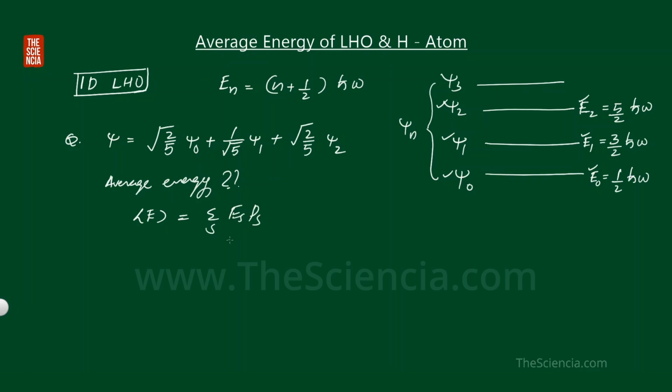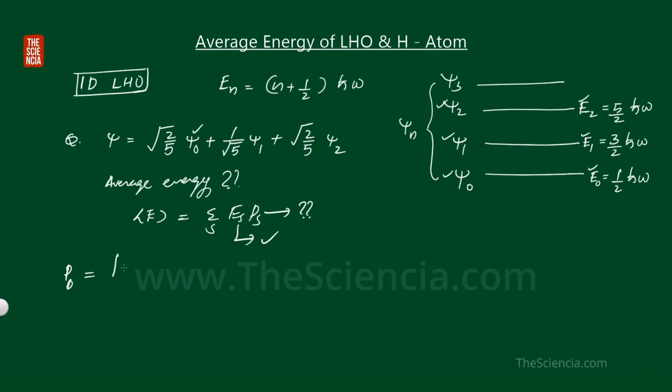Here we already obtained ES: E0 is half h cross omega, E1 is 3 by 2 h cross omega, and E2 is 5 by 2 h cross omega. Now we have to evaluate PS. First we evaluate P0, the probability of finding the particle in the state psi 0.